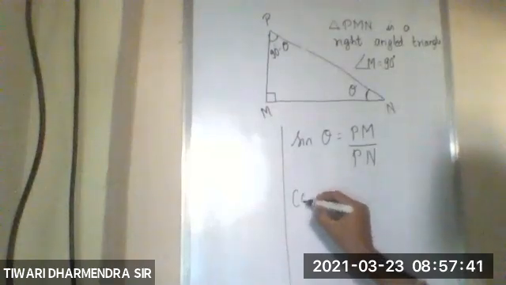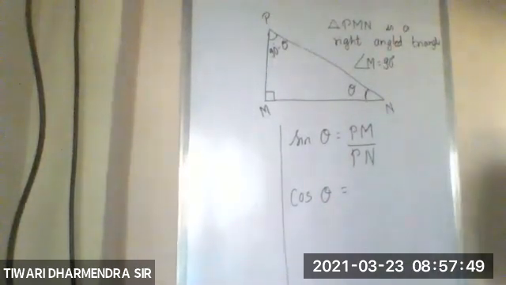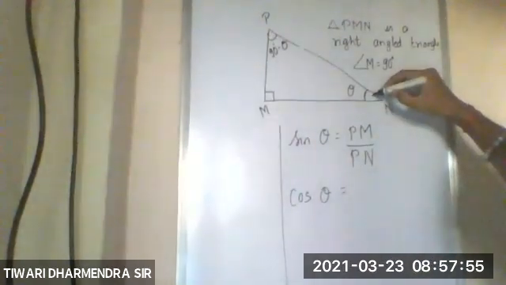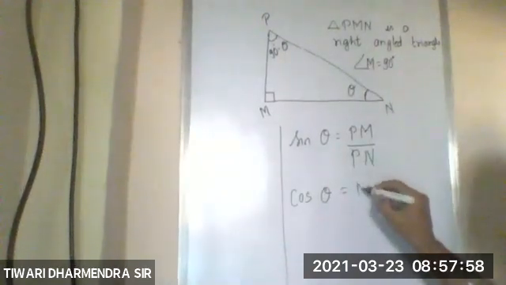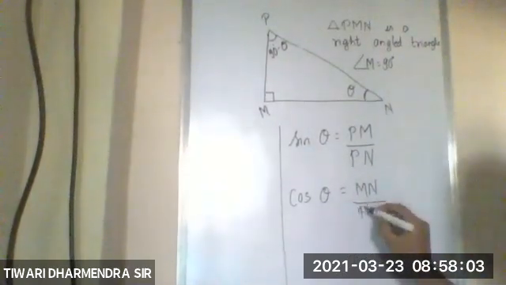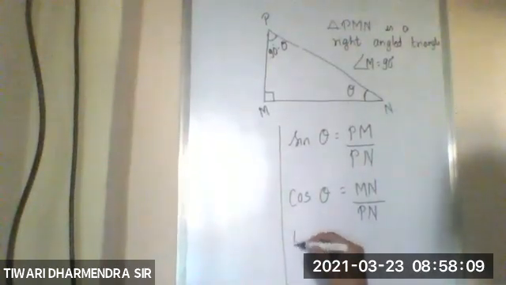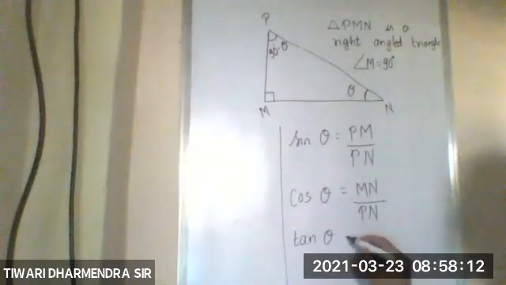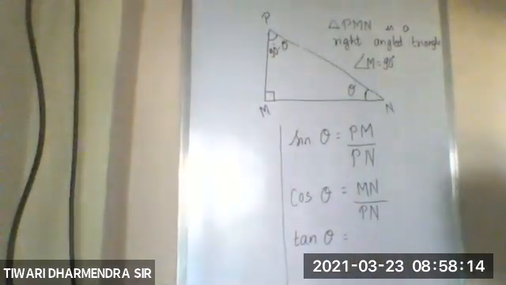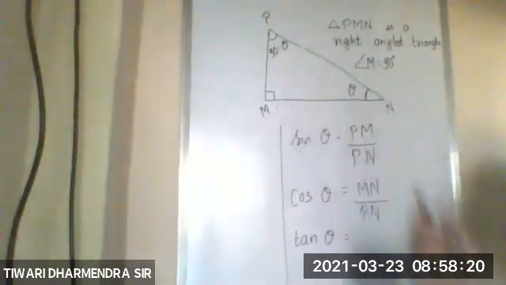Now we will go for cos theta. The cos theta formula is the adjacent side of angle theta divided by hypotenuse. Who is adjacent to theta? It is MN divided by hypotenuse. Hypotenuse is PN. Similarly, we will find tan theta. The formula for tan theta is opposite to theta divided by adjacent to theta.